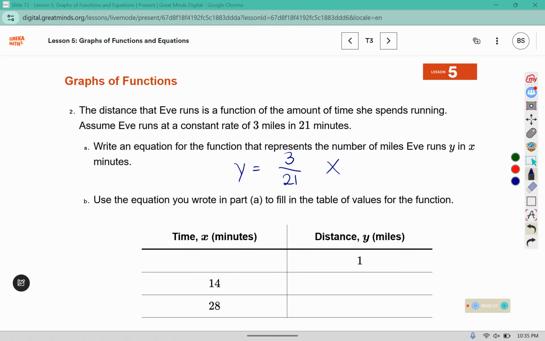If we stick 1 in the y position, we can multiply the whole equation by 21 to get rid of the fraction. Then divide both sides by 3 to solve it for x. And that gives us x equals 7.